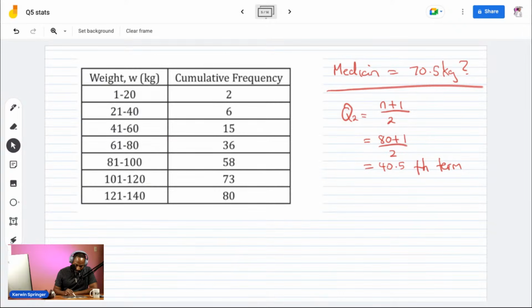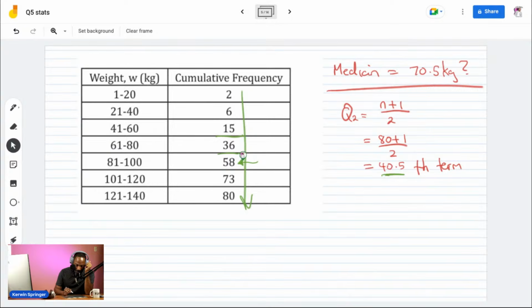That's somewhere between this and that. This is the number of items going on. We have 80 items. By the time we reach here, we have 15. By the time we reach here, we have 36 items. I need to reach the 40.5 item, and that's somewhere inside here.